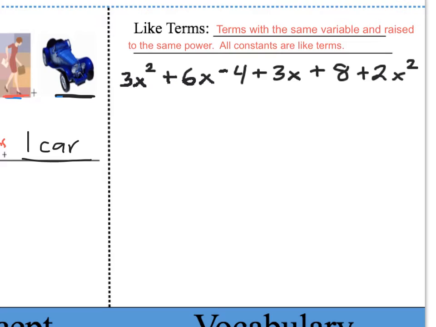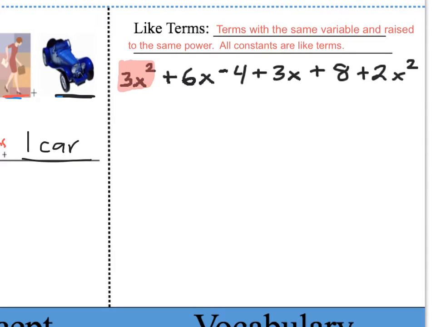Also, like terms are constants. So any type of constants will be like terms. Let's take out some different colors so that we can color the like terms the same color. I'm going to take a red color and color every term that is alike red. So 3x to the second power, I'm going to color red.